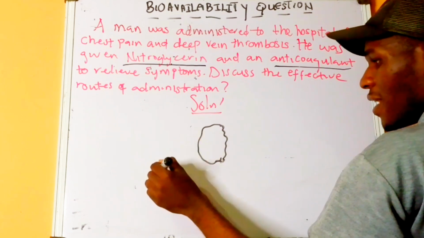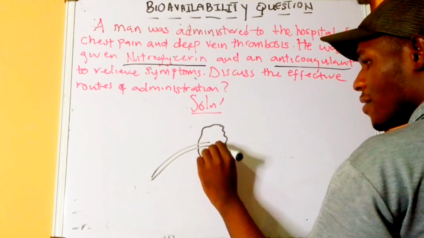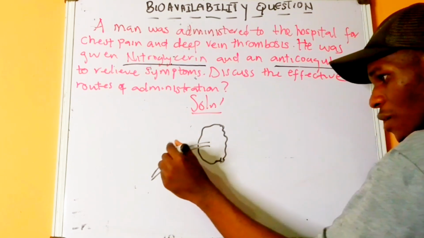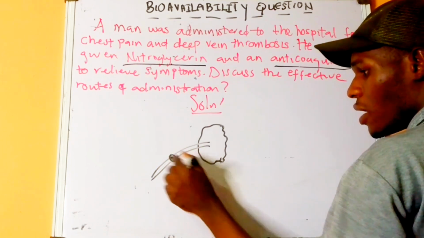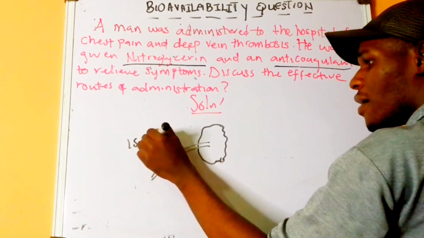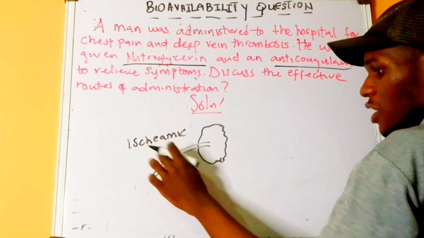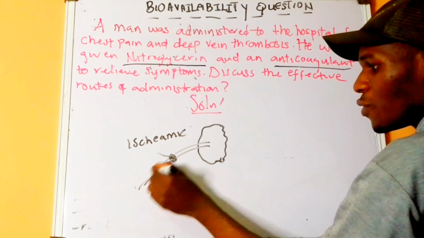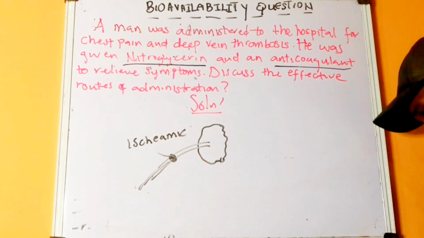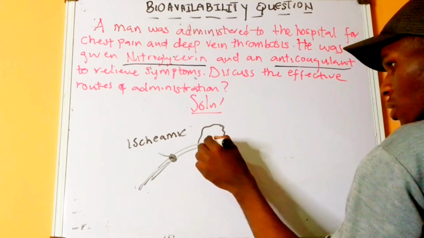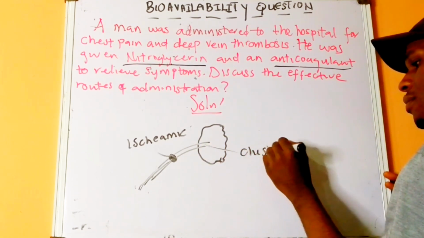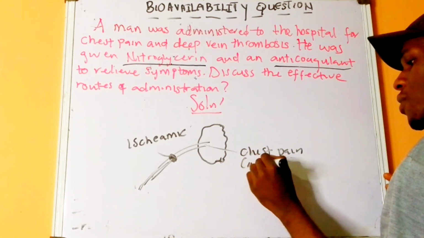This is the heart and this is the blood supply to the heart, right? If there's a blockage, or an ischemic occurrence where there is decreased blood supply to the heart, it will lead to chest pain, or you can also call it angina.